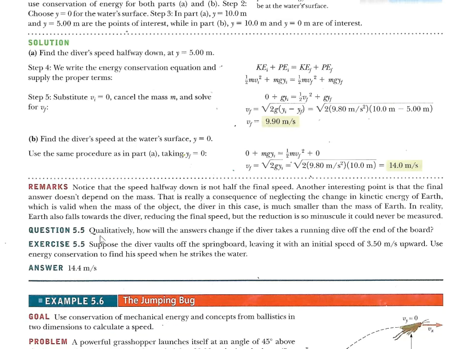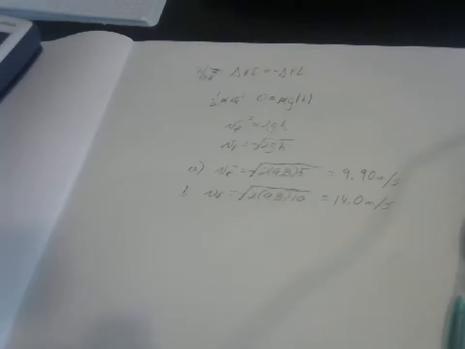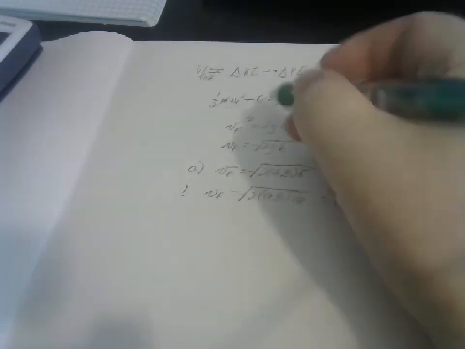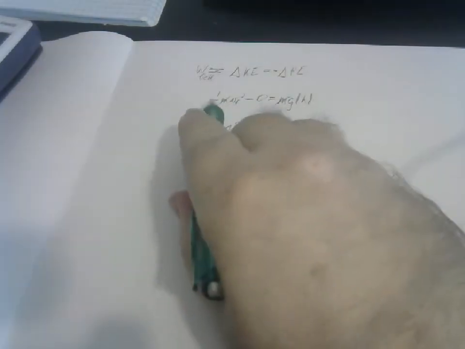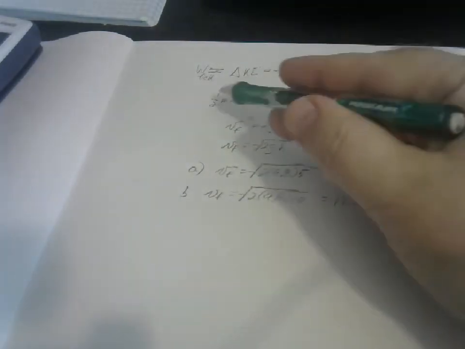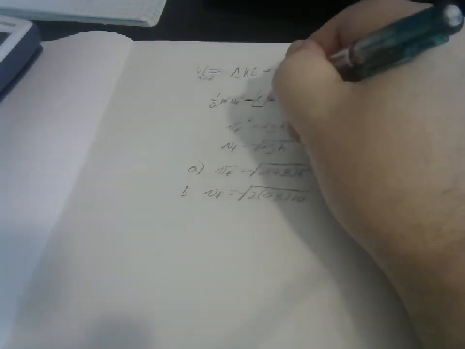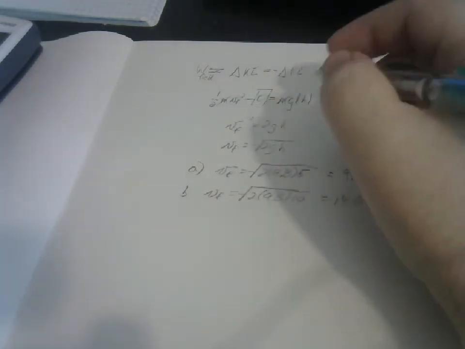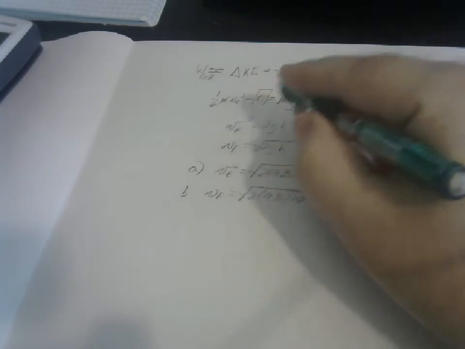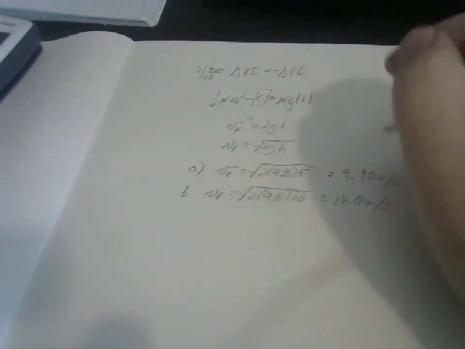Question 5.5. Qualitatively, how will the answer change if the diver takes a running dive off the end of the board? Well, that is going to modify this term here, because right here we have the change in kinetic energy is 1/2 m v final squared minus 0. This would be minus 1/2 m v initial squared.